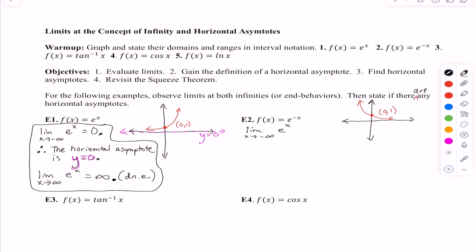So this time, as x approaches infinity in the negative direction, the corresponding function values are approaching the concept of infinity. That means this limit does not exist.